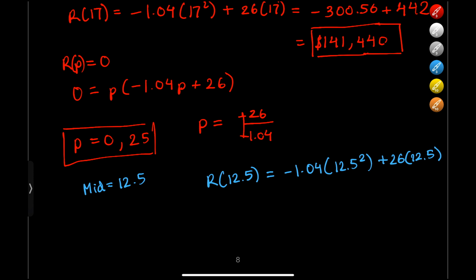And so when I simplify this out, it gets to negative 162.5 plus 325. And so that is equal to 162.5.